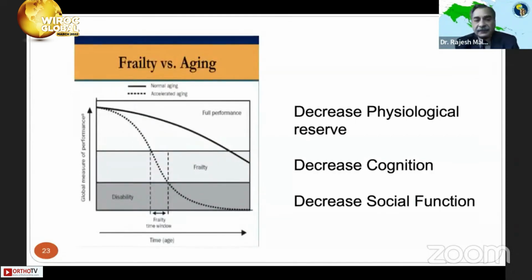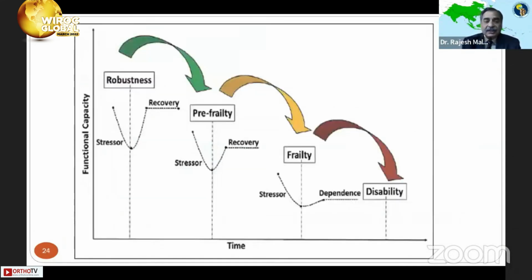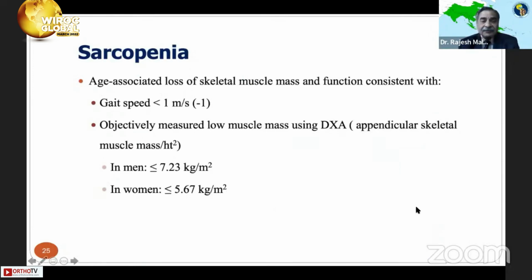This was also mentioned. Frailty is decreased physiological reserve, decreased cognition, and decreased social function. And what happens is, with age, with every stress, you are unable to come back to the same level of recovery as pre-morbid, and then eventually come to a state of dependence or disability. And sarcopenia was also mentioned by Dr. Wong. That is the age-associated loss of skeletal muscle mass and function.